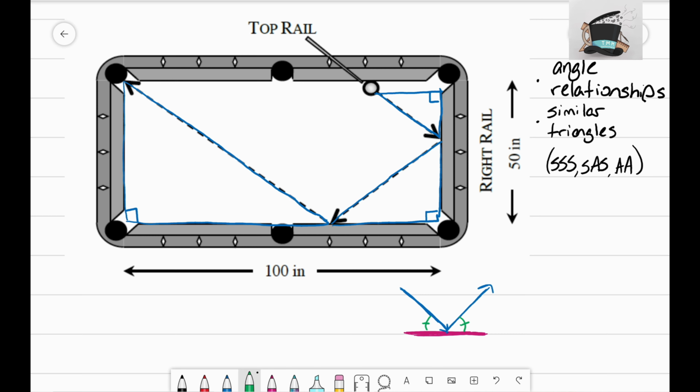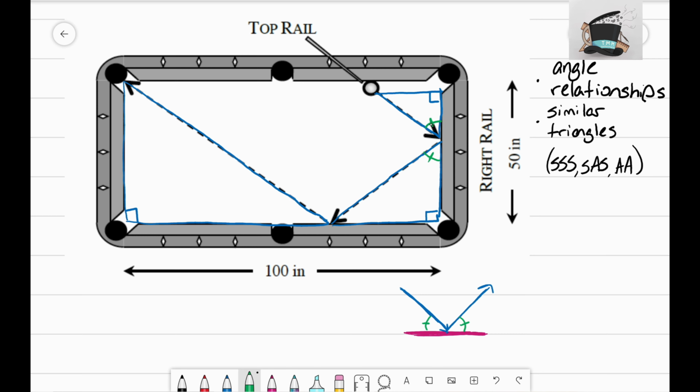Okay, and that same idea is going to be applied to our pool table. When I have this pool ball being hit, and it hits the right side, and it banks off and starts heading this way, think of this as our ray of light hitting our mirror, which means that this angle here is the same as this angle here.